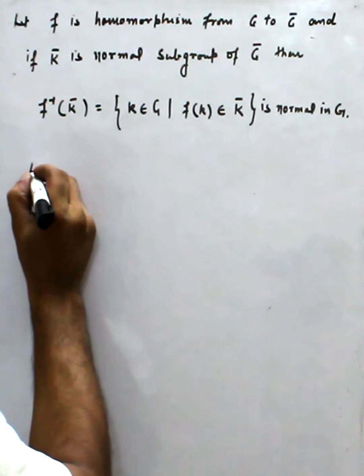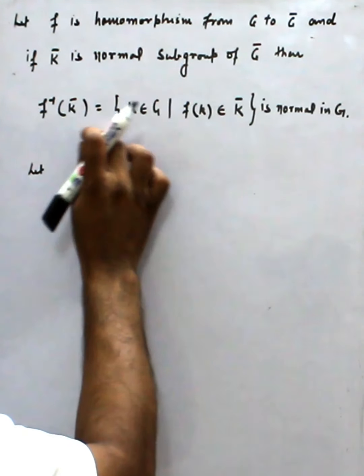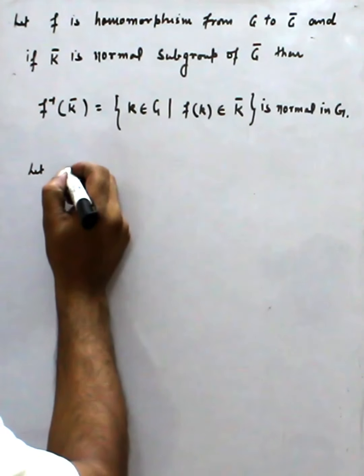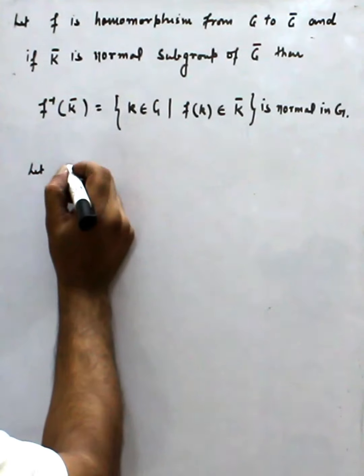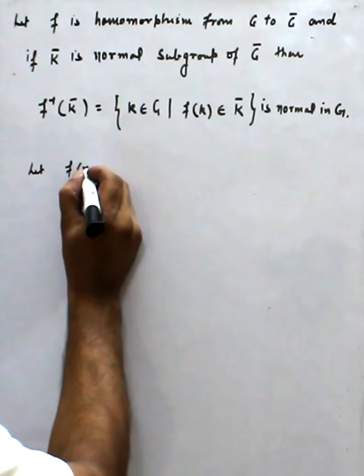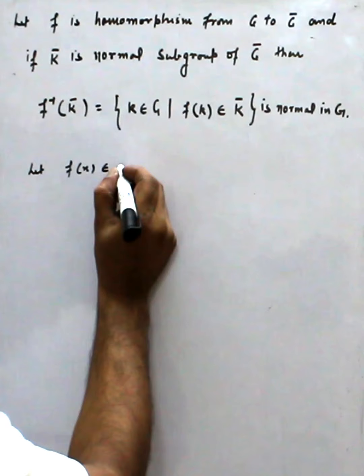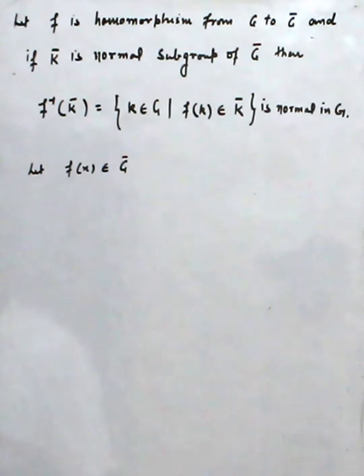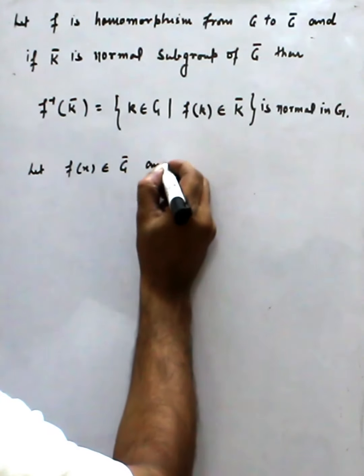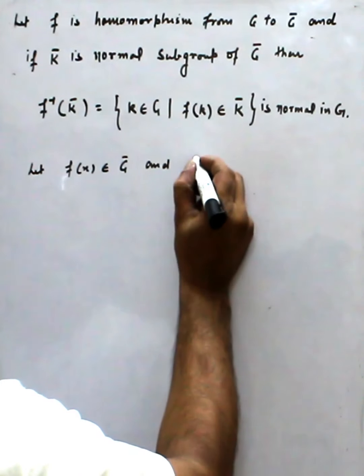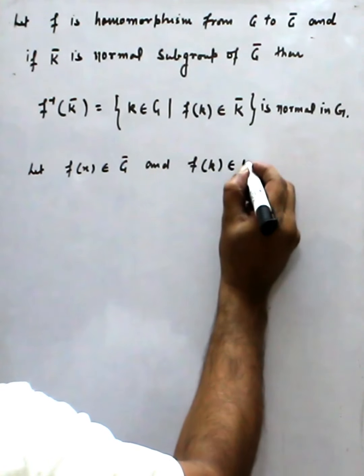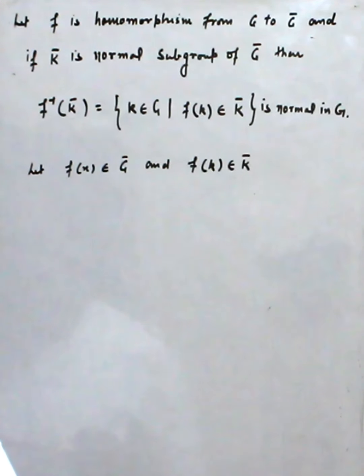Let us understand the structure of this f inverse K bar. Let f(x) belong to G bar, some element of G bar, and f(k) an element of K bar.